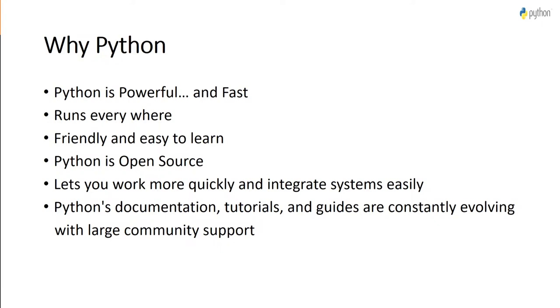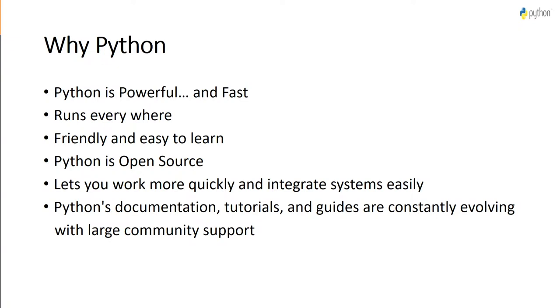Now the question is, why do we use Python? The basic reason is that Python is very powerful and fast. Powerful means it has a lot of features available, and though it is an interpreted language, because of advancements in technology it is quite as fast as some compiled languages. Plus, it runs everywhere.